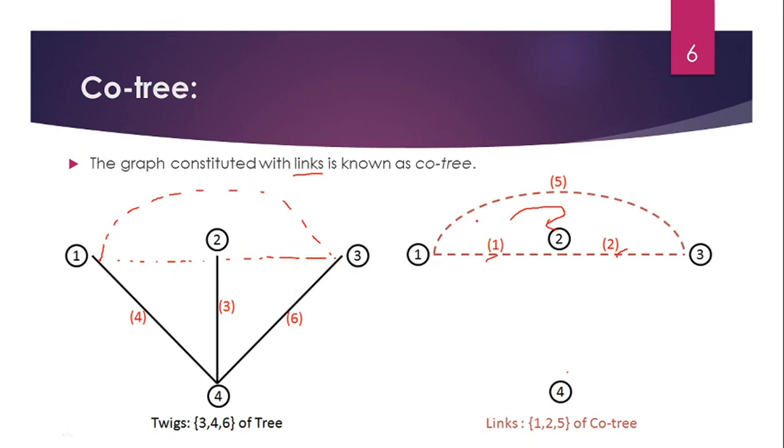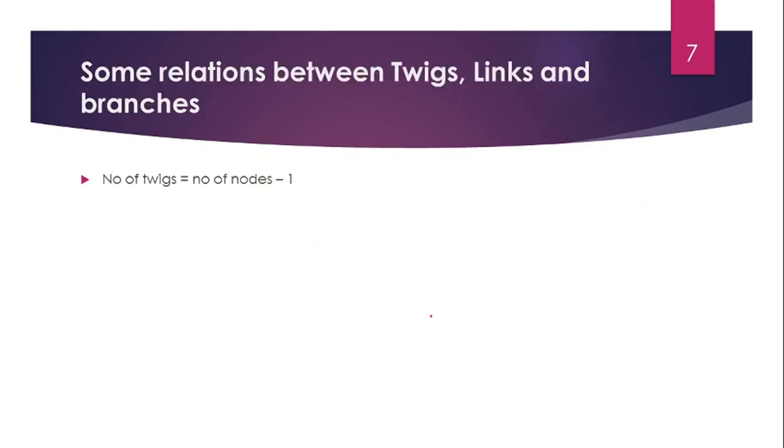A very simple property of a tree is that a tree is a connected graph without loop, whereas a cotree may or may not be a connected graph, and it may or may not have a loop. But definitely a tree should not have a closed loop, and it should be a connected graph.